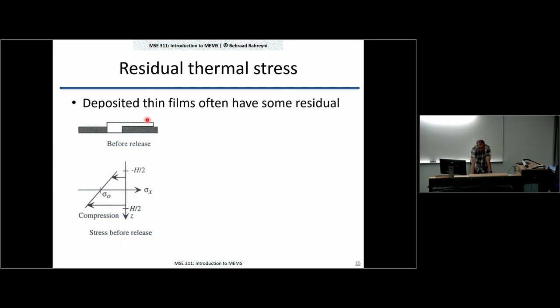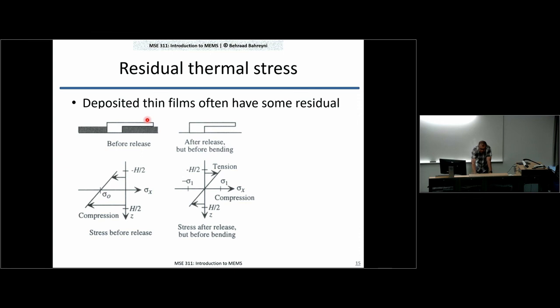The actual value of stress, the compressive stress, you can design around it and make sure that you accommodate it. But when you release this, when you get rid of this sacrificial layer at the end of the process, well, the assumption here is that the first thing that happens is that the compressive stress will release itself. Because you have a free end, that's not a problem. It just stretches a bit, and then the free end will be a little bit farther than where it was before release. That's not a big deal.